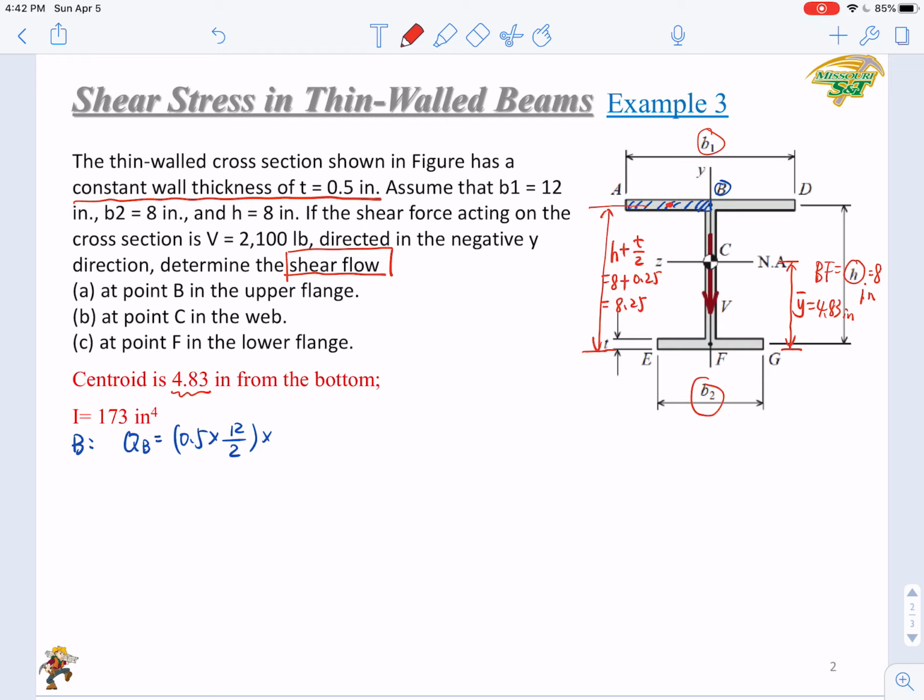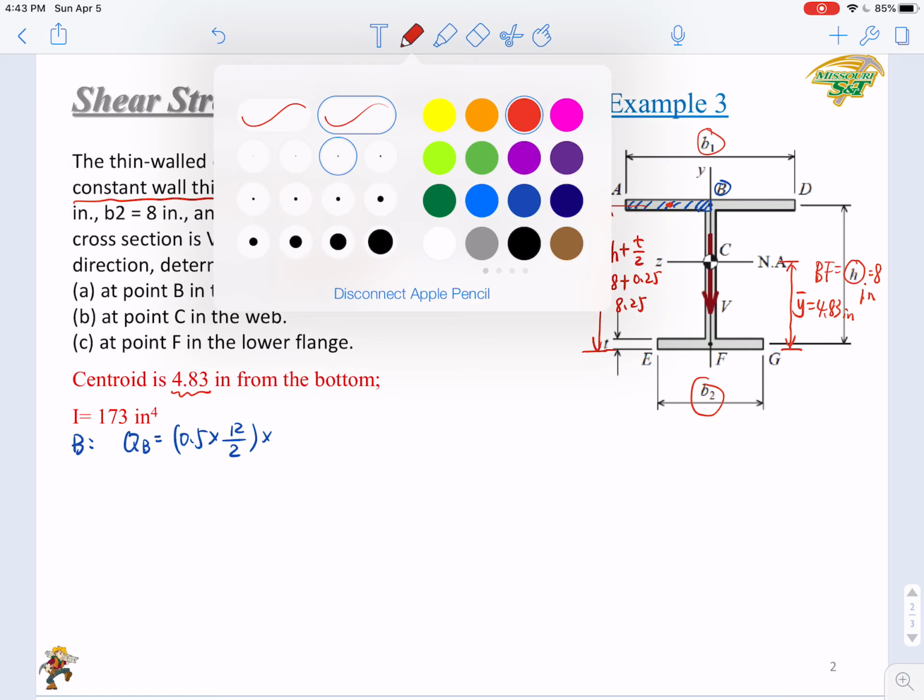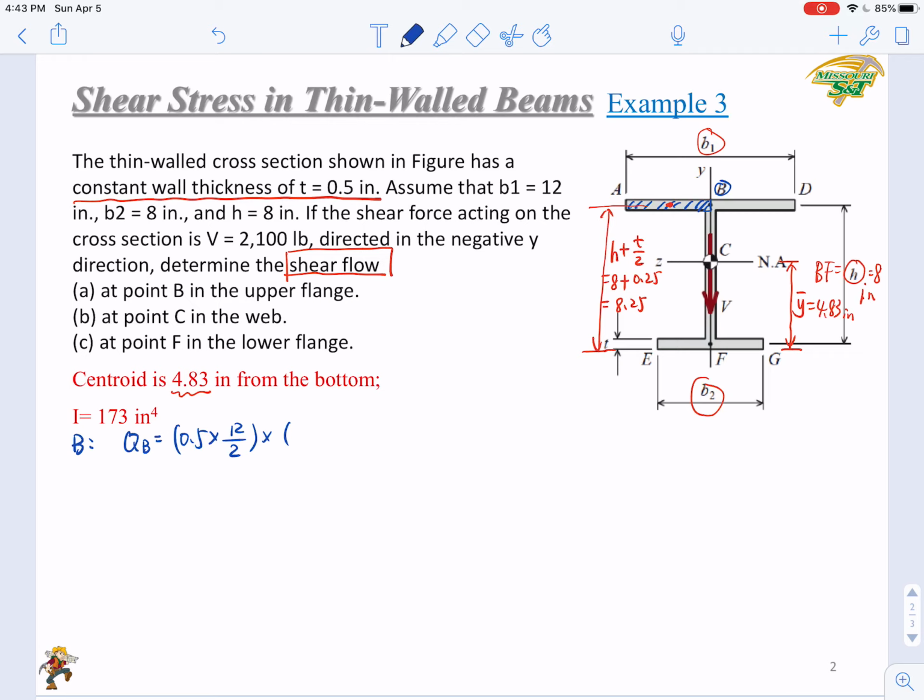The d value will be 8.25 minus y bar, and y bar is 4.83, so that is 3.42. This QB can then be calculated as 10.26.